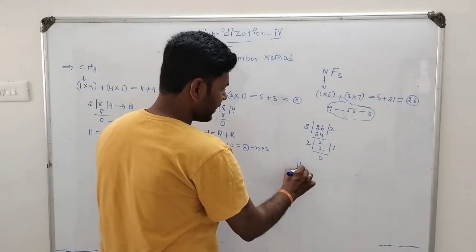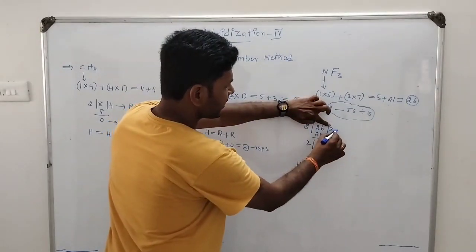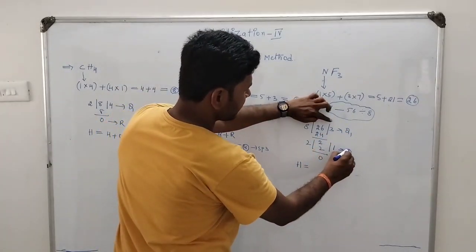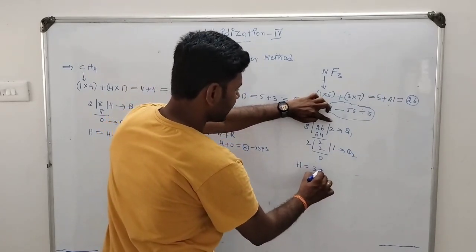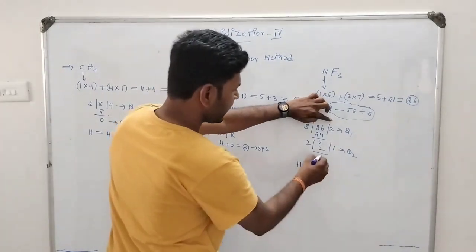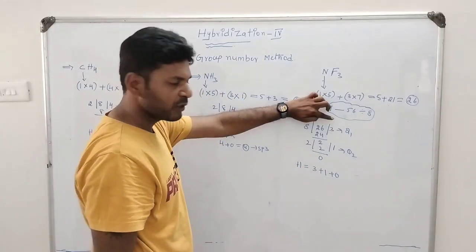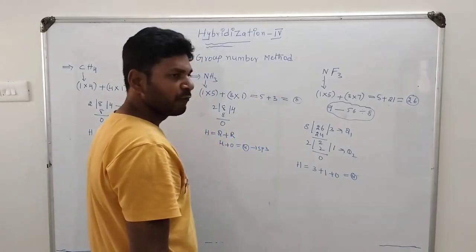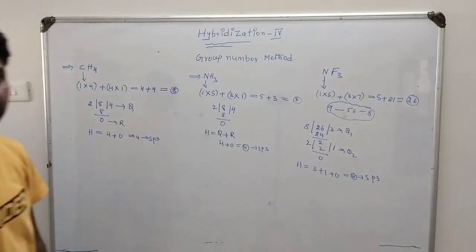Now hybridization H equals quotient 1, which is 3, plus quotient 2, which is 1, plus remainder 0. 3 plus 1 is 4, 4 plus 0 is 4. So the resultant value is 4. 4 means sp3 hybridization.